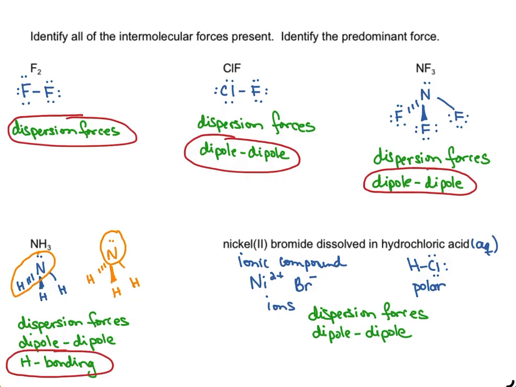We can assume that. That means it's dissolved in water. Water has hydrogen bonding in it. And the nickel(II) ion dissolved in hydrochloric acid means that we have ions in polar, which means ion dipole forces. So in this situation, we have all four forces, and the predominant force is going to be the ion dipole force.